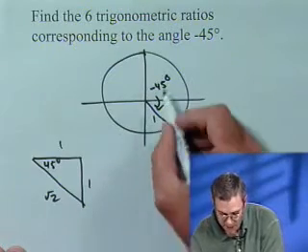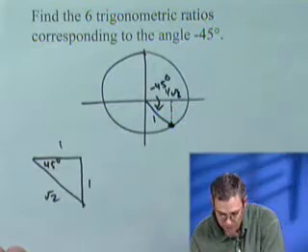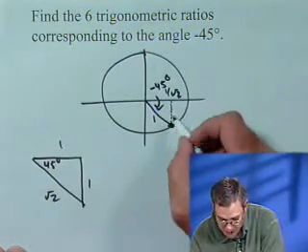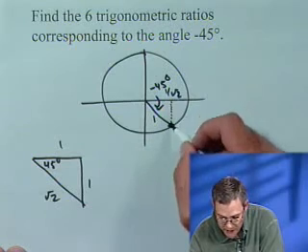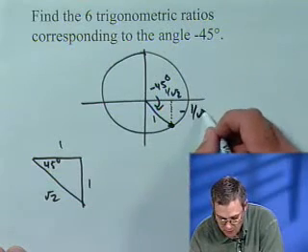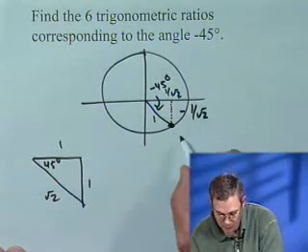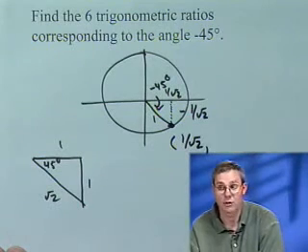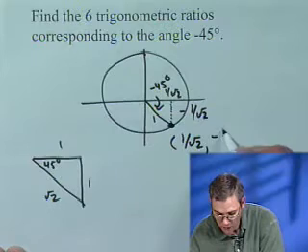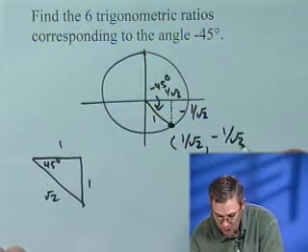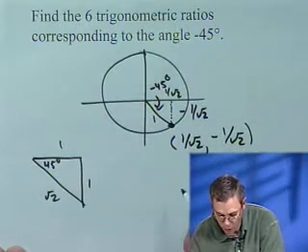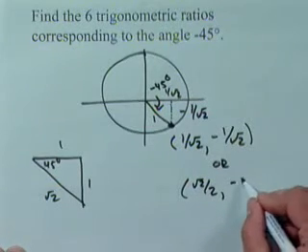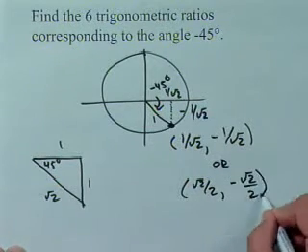So this has to be 1 over square root 2. This also has to be 1 over square root 2, but it's in the negative direction, right? It's in a negative y direction. So that point is the x-coordinate is 1 over root 2. The y-coordinate is negative 1 over root 2. Or you can rationalize the denominator.